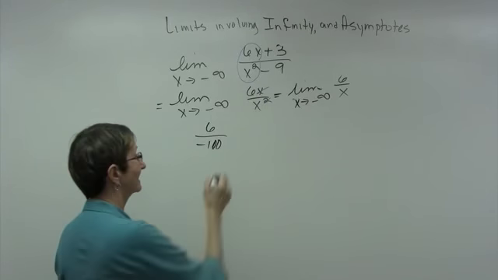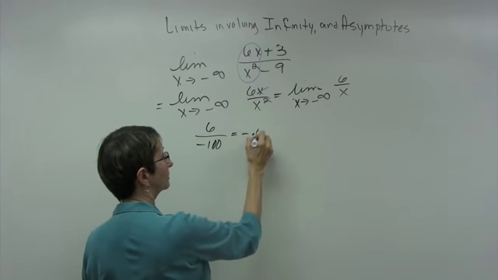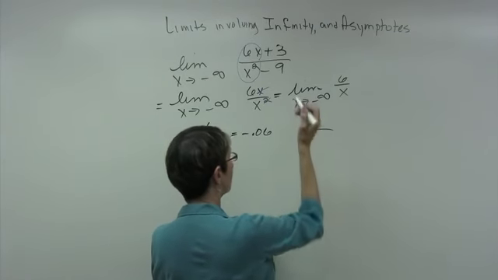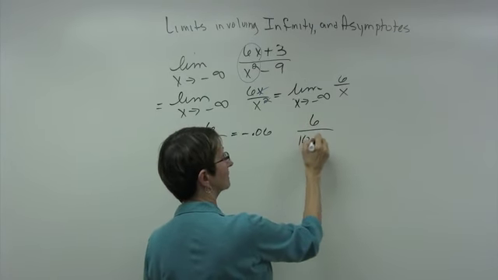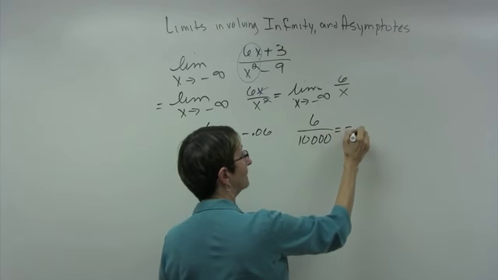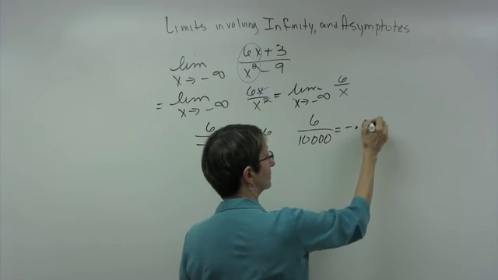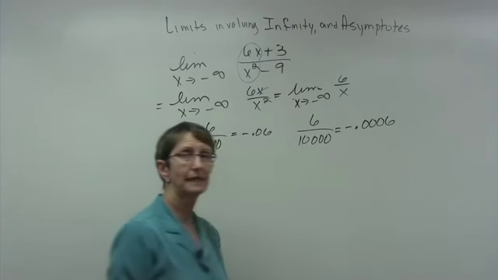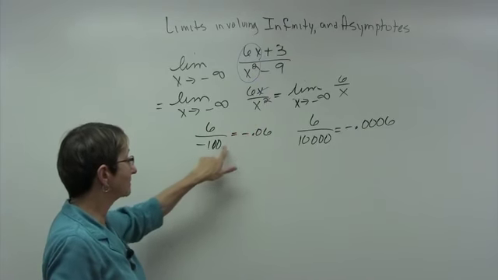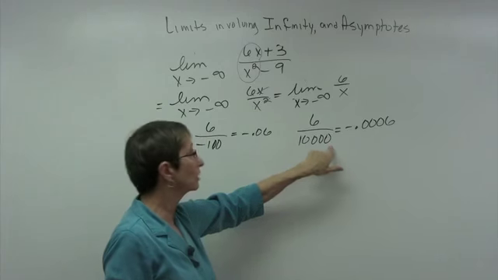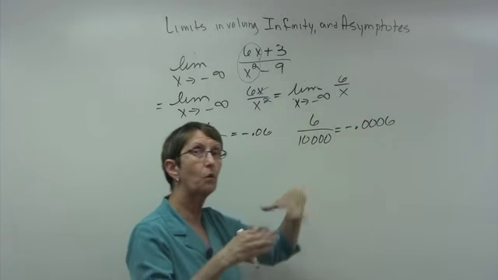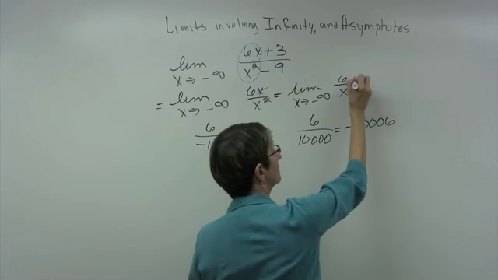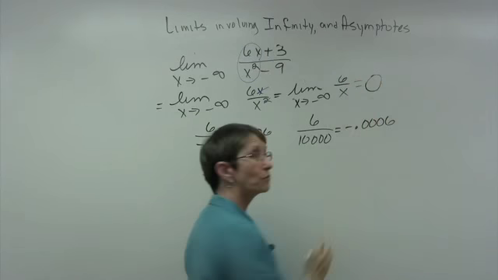If you think of that as a decimal, that's negative 0.06. How about 6 over 1,000 or 10,000? That would be negative 0.0006. As my x's are getting bigger, my fraction, my y's, are getting smaller. The limit here is 0.